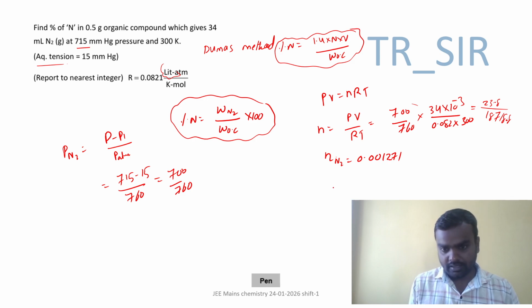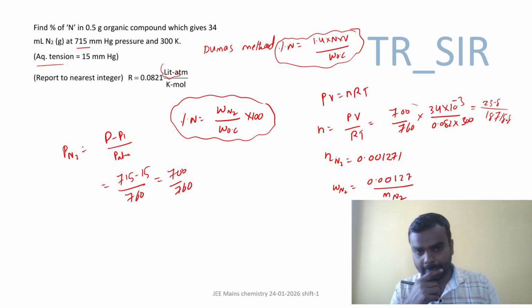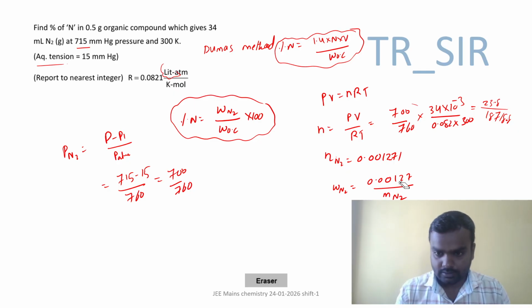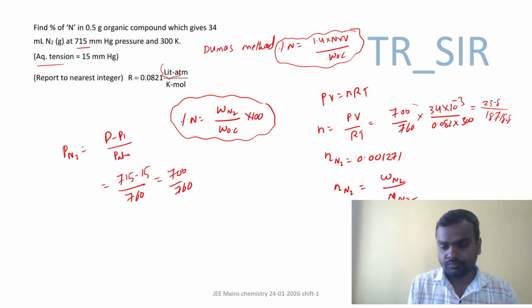Now find the mass of N2. Now find the weight of N2. Number of moles of N2 is equal to weight of N2 by molar mass of N2, right?